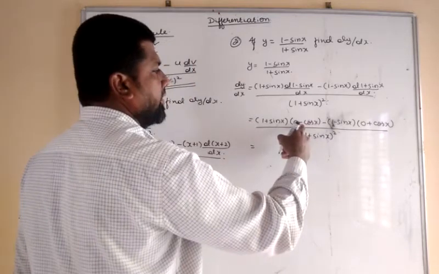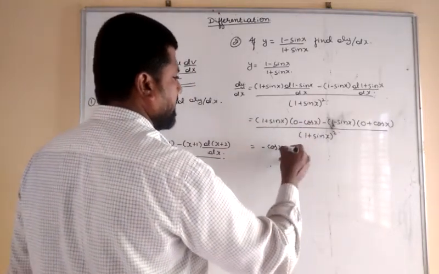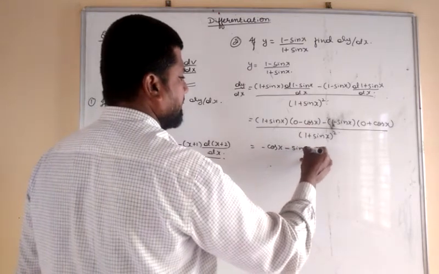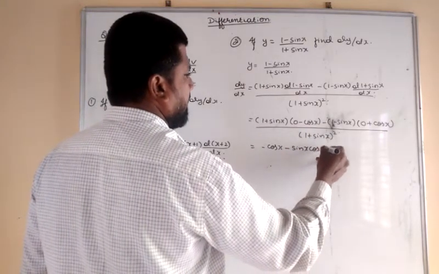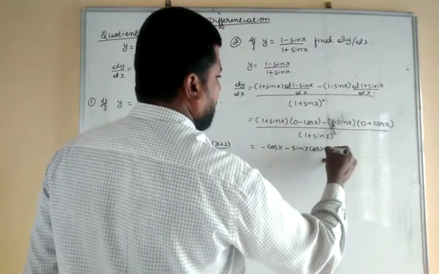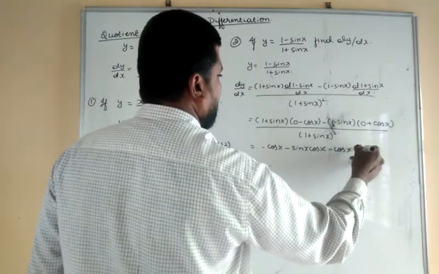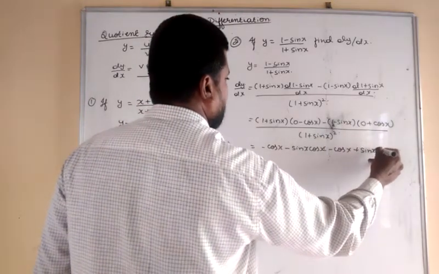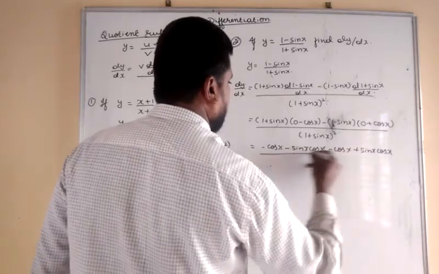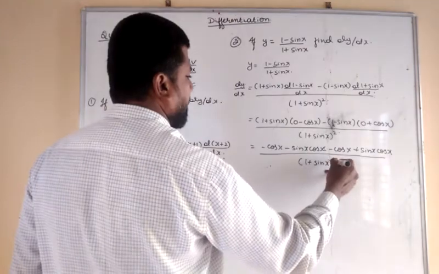Then minus cos x into 1 is minus cos x, plus into minus minus sin x cos x. Here minus is there: minus into plus is minus cos x, minus into minus is plus sin x cos x, by 1 plus sin x whole square.